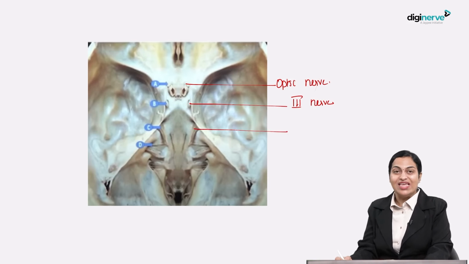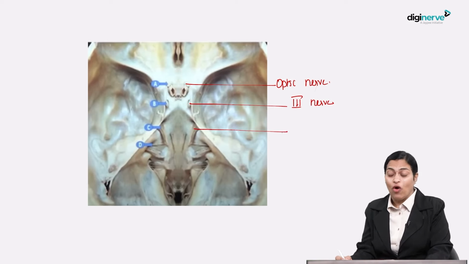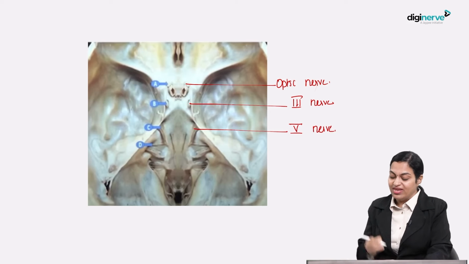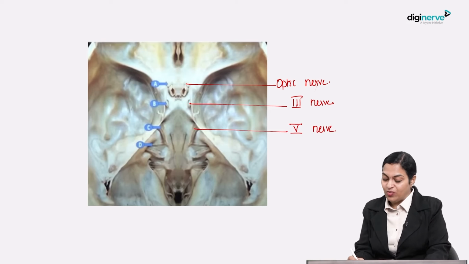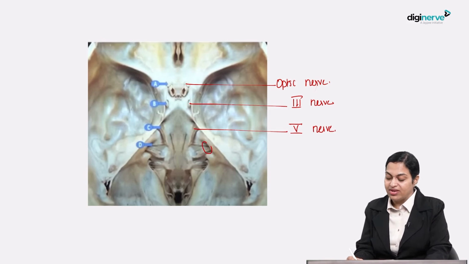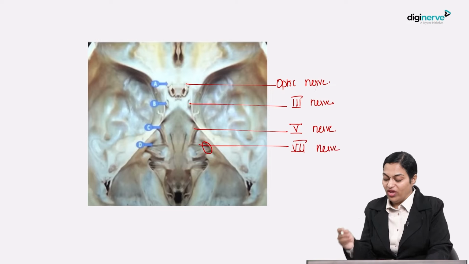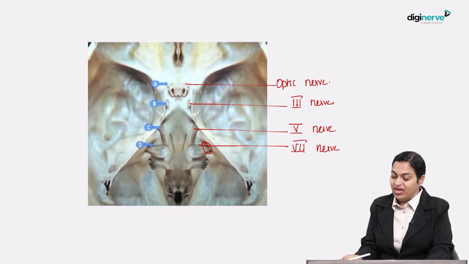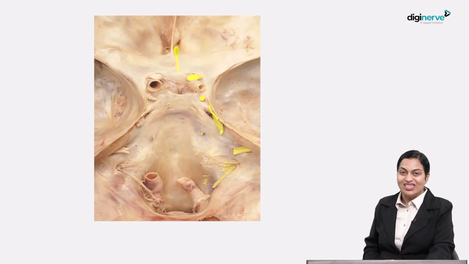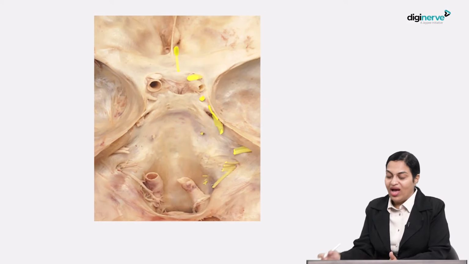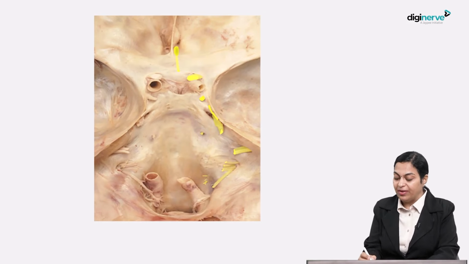And this one C here is the thickest of all the cranial nerves, which you couldn't make a mistake, the trigeminal nerve. And this one here is the internal acoustic meatus. And D here is the facial nerve. So if you are not happy with this image, let's move on to another image. Come on, where you will be able to identify it with much more clarity.